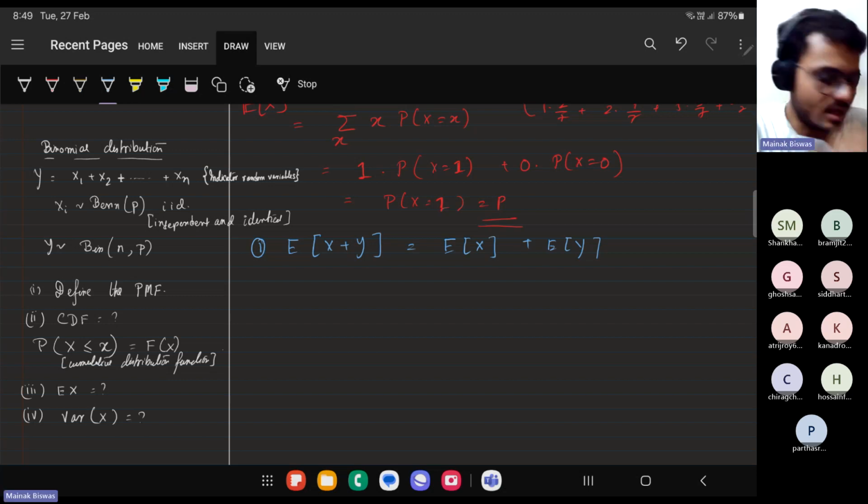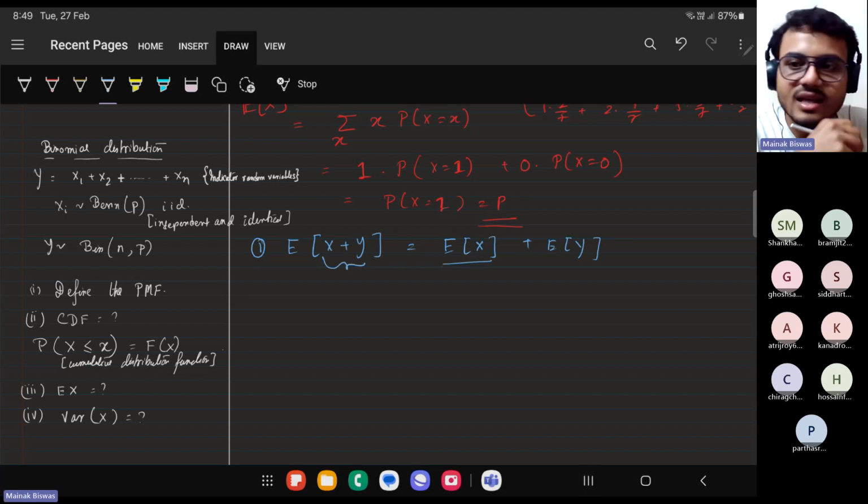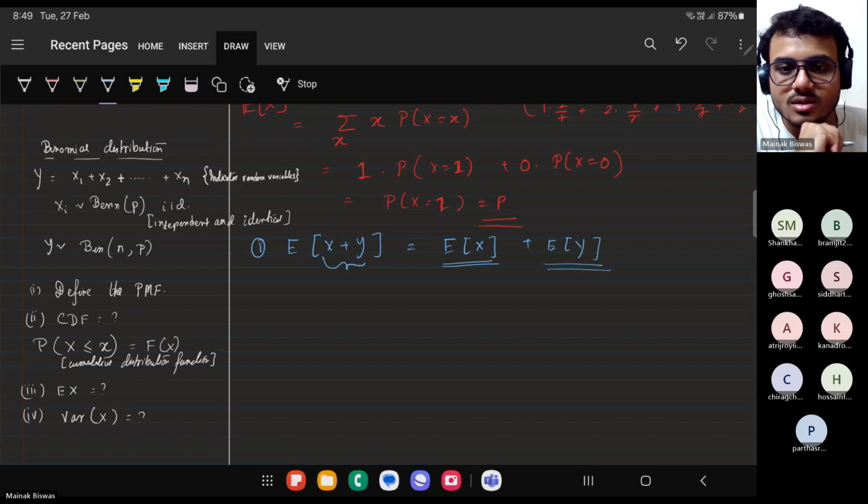So the random variable X plus Y has a mean equal to the sum of the individual expected values. We'll see why it is useful when I come to the binomial distribution.